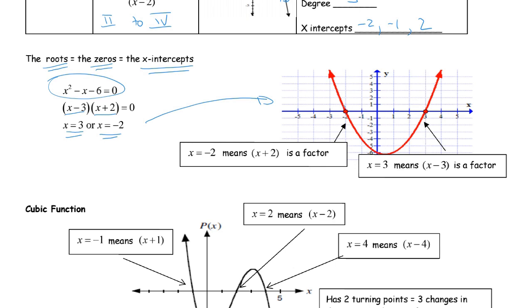The graph is going to go through -2 and +3, okay? So when you see it going through x equals -2, that means x plus 2 is a factor. Just like if you see x equal to 3 on the graph, that means x minus 3 is a factor.